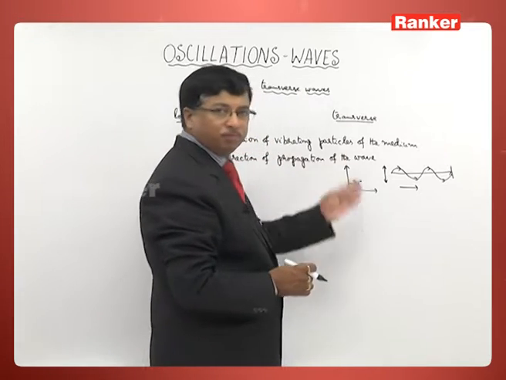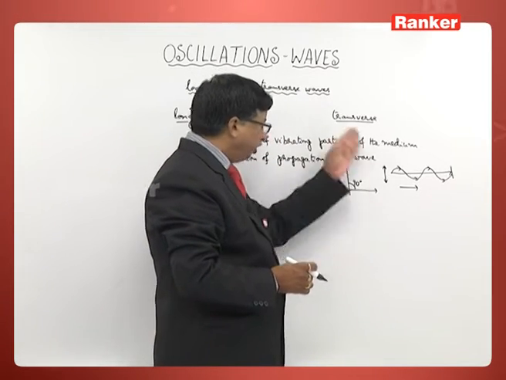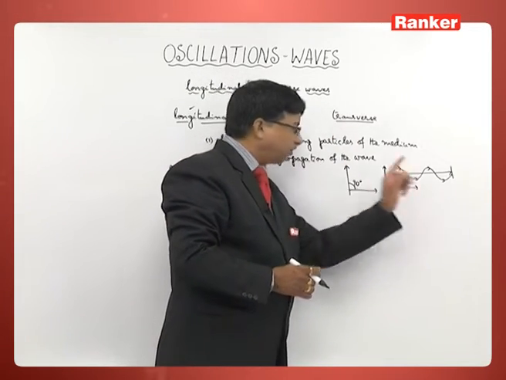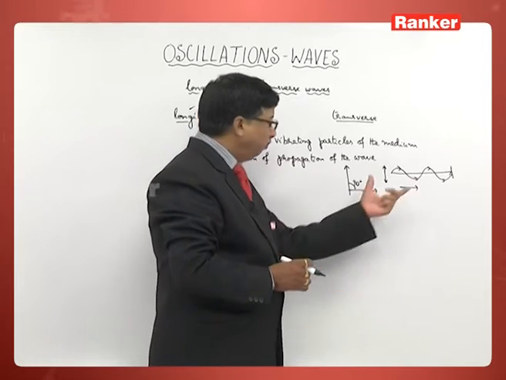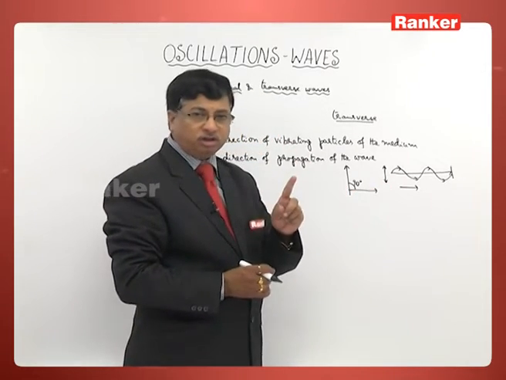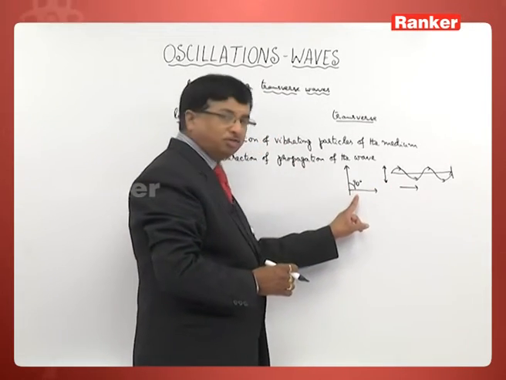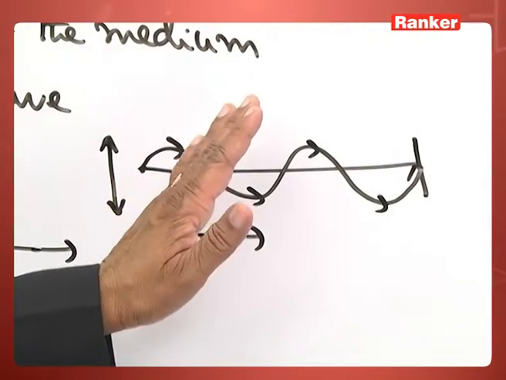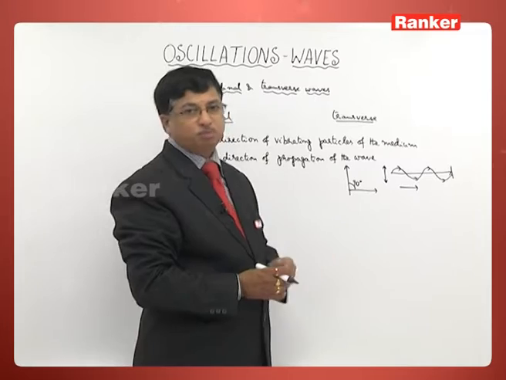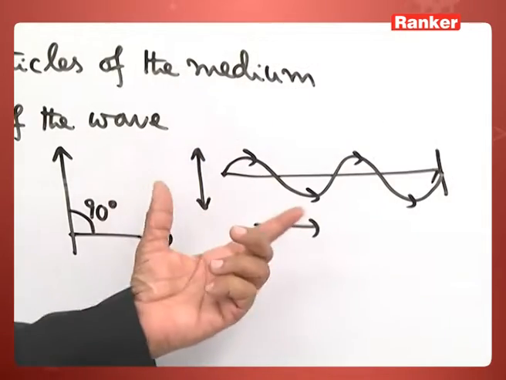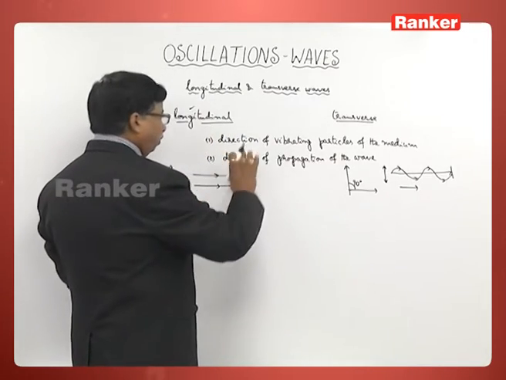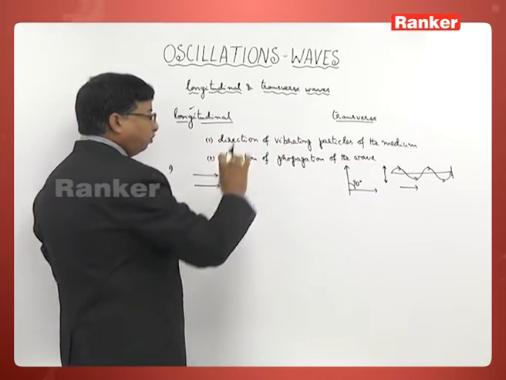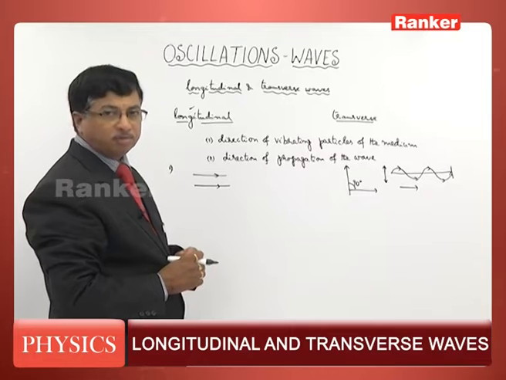Up and down. That means the direction of vibrating particles and the direction of propagation of the wave are not parallel to each other. They are perpendicular to each other. That is why we call such a wave a transverse wave. So, transverse and longitudinal waves can be decided just by looking at these two directions.